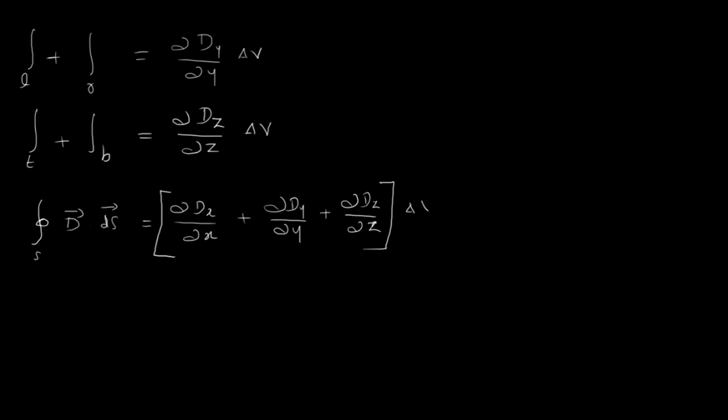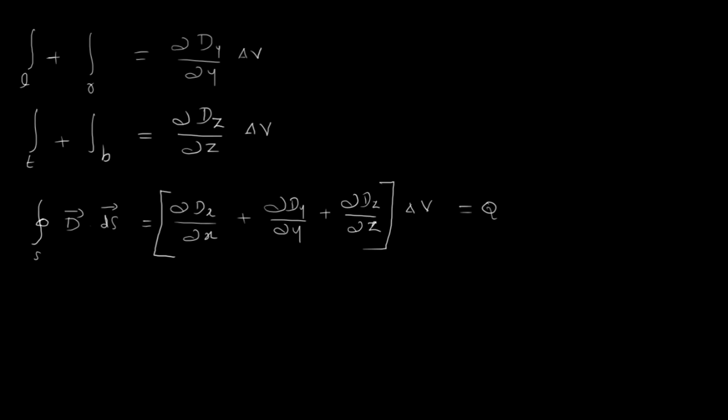Now I know that this is equal to the total charge Q, which is nothing but the volume integral of rho v dv. Taking this delta v to the other side, I can divide the closed integral D dot dS by delta v, or Q divided by delta v.